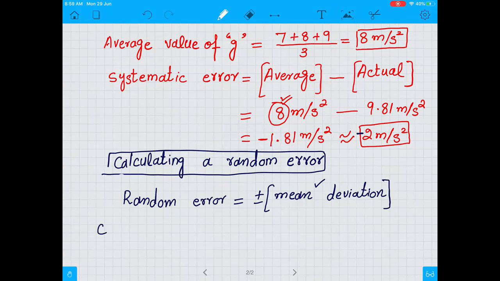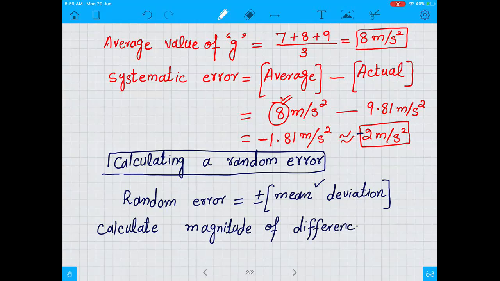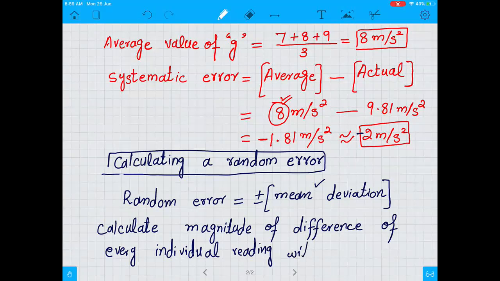Basically, calculate the magnitude of difference of every individual reading with the average.